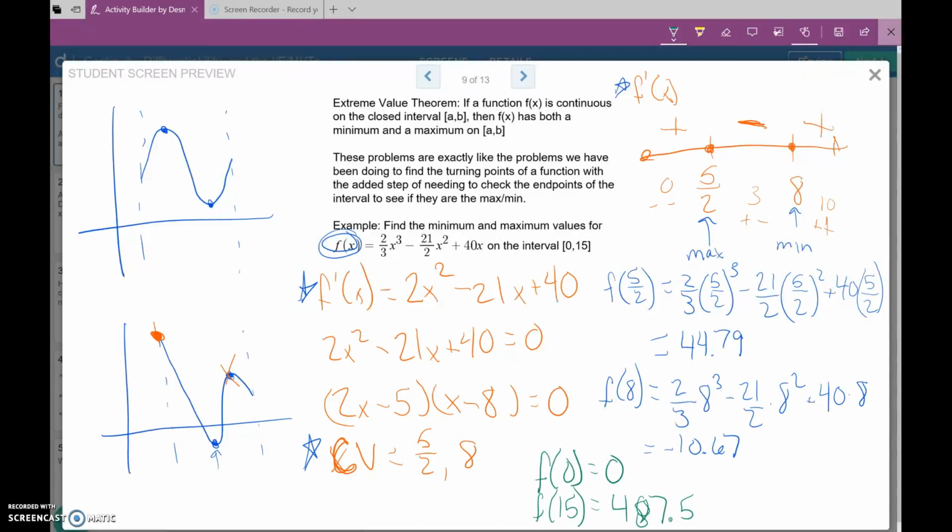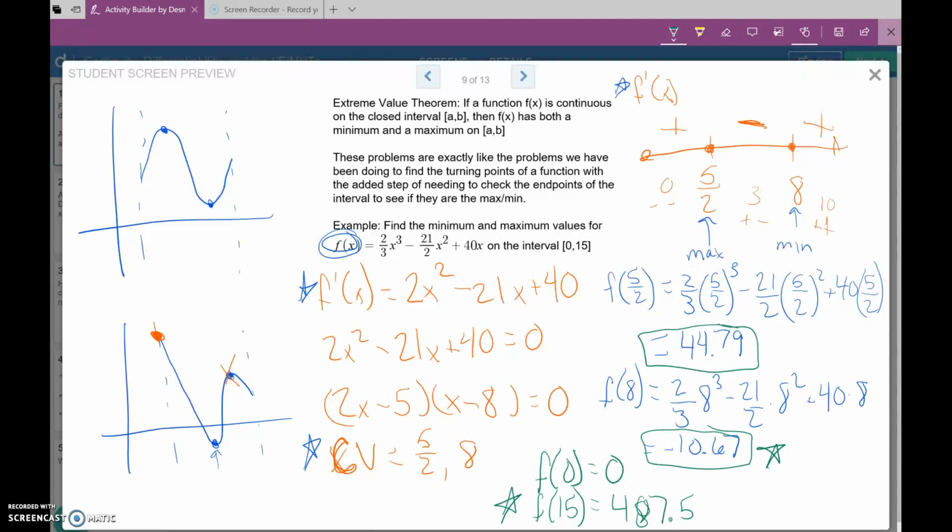So now when we look back on the minimum and maximum that we computed using the derivative, the minimum value we got was negative 10.67. That is actually lower than both of the two endpoints, so negative 10.67 is the minimum value on this interval. When we look at the maximum value we computed, we got 44.79. Unfortunately, the function, well, unfortunately, who cares?